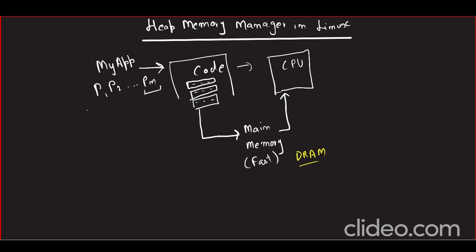Let's say that process P1 asks for the allocation of memory, for example an int array of 10.